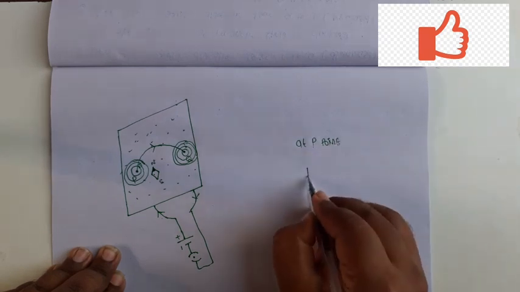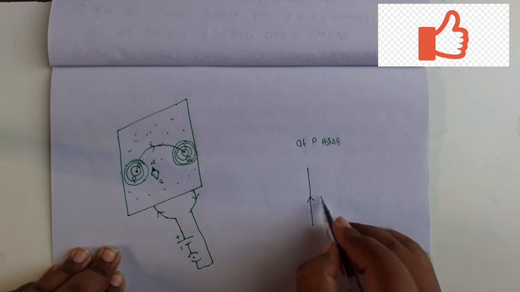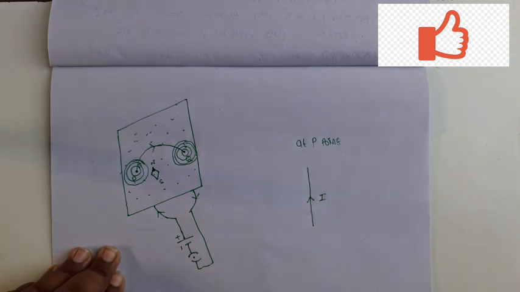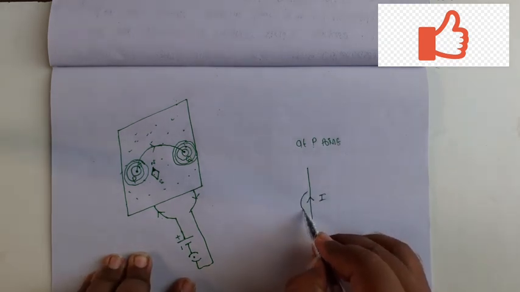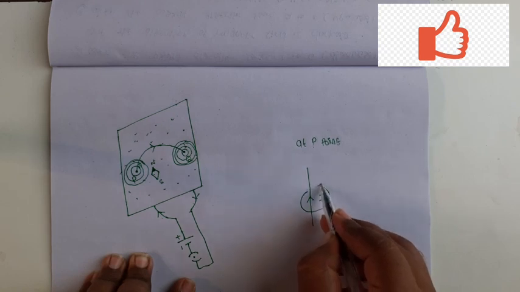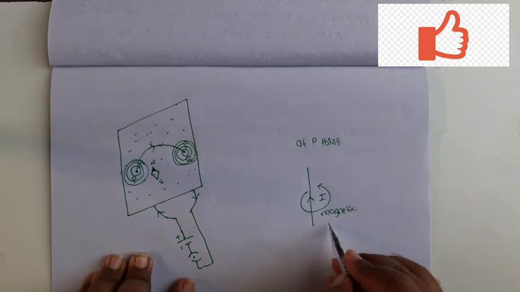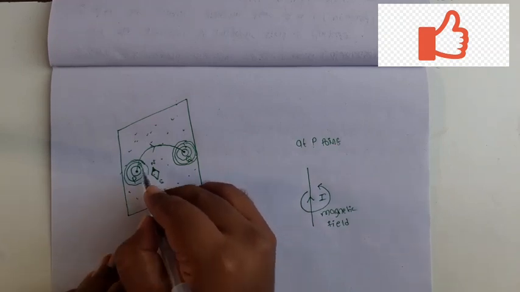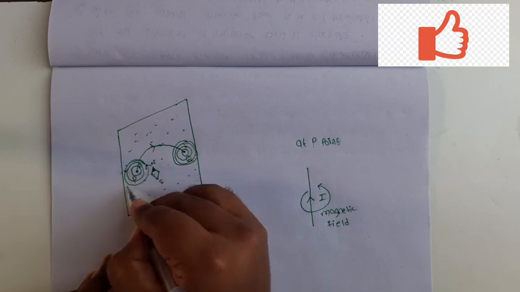When current is moving in the upward direction, what is the direction of the magnetic field? Anti-clockwise direction. This is the direction of the magnetic field. So at point P, the magnetic field is in the anti-clockwise direction.